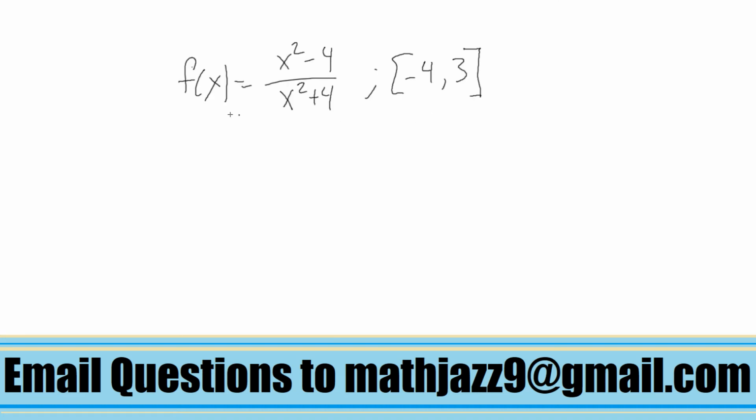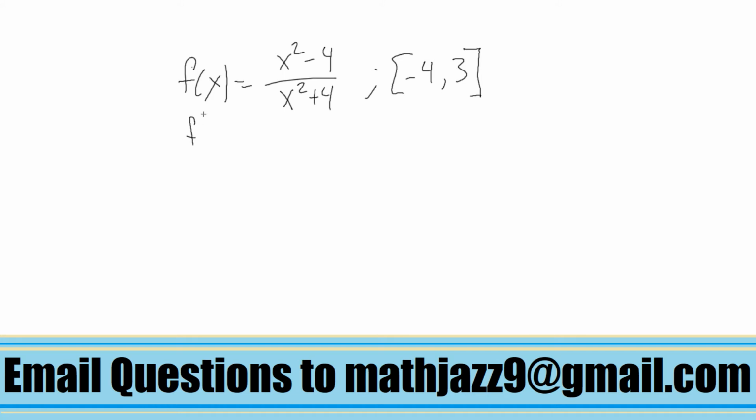So here's our function and our interval, and we want to figure out what the maximum and minimum values are. Now this is a multiple choice question, so really I'd just plug in all the points and find the biggest one, and that's your max. But if this were a free response question, then you'd take a derivative.